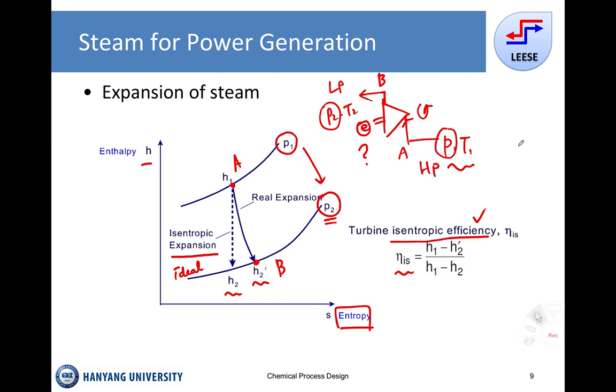Based on the steam flow rate, we can estimate the power by calculating the enthalpy change from the inlet point to the outlet point. Because of the non-ideality in the expansion, we have to consider the efficiency, typically given by the so-called isentropic efficiency.